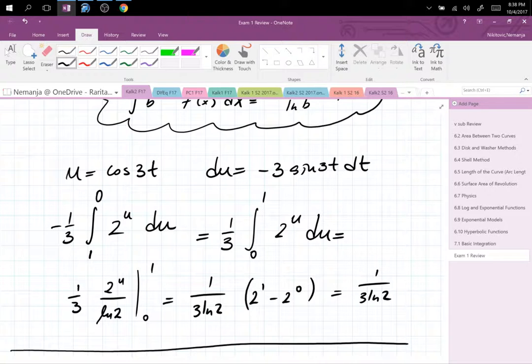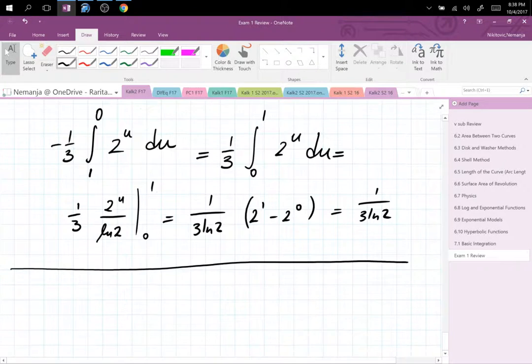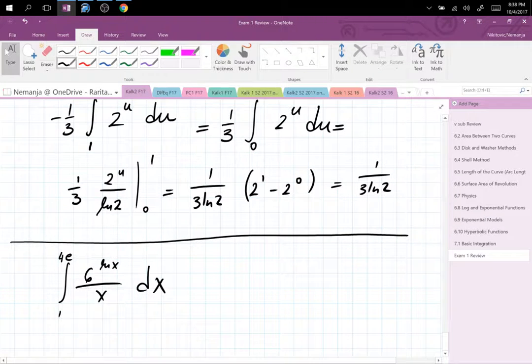The ln x? Sure. I remember it. You want to post the problem? Are there any limits on that thing or no? 1 to 4e. 1 to 4e, like this? Yeah. Huh. Cool. All right.